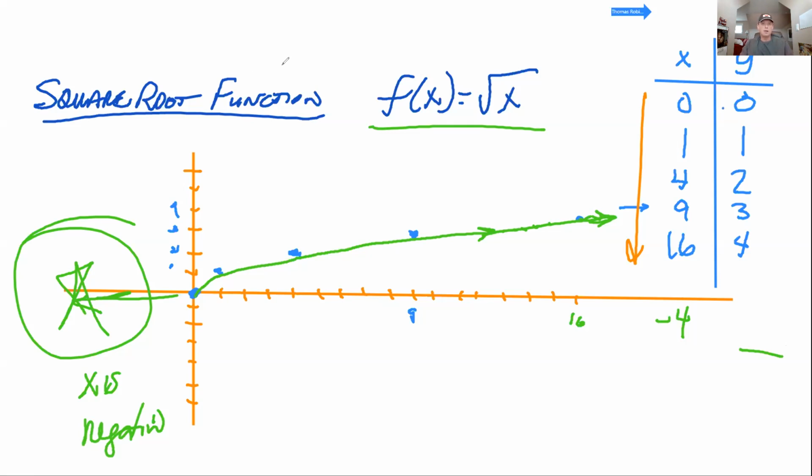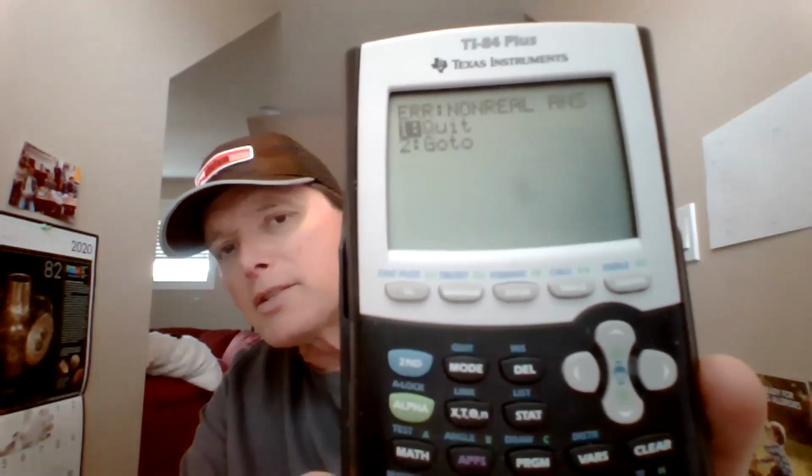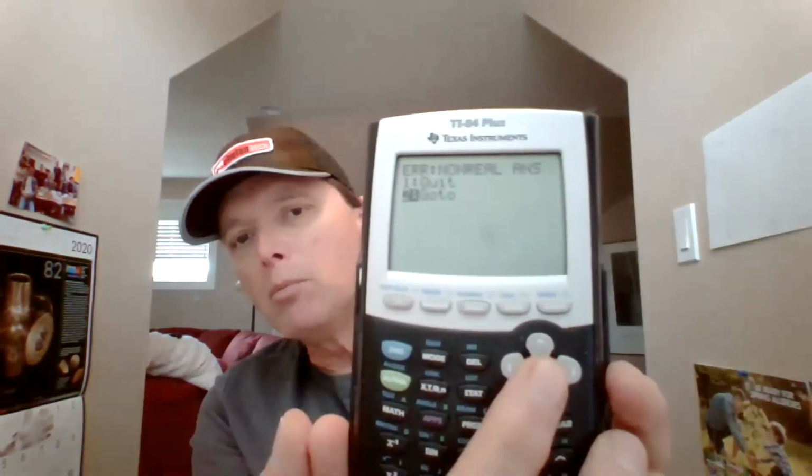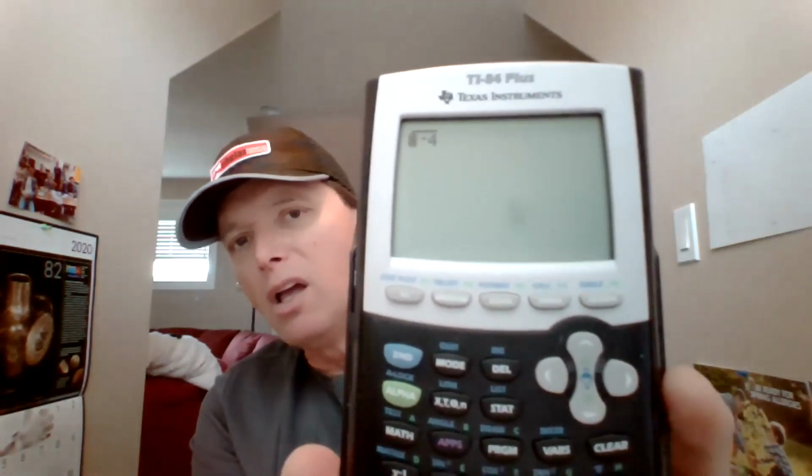So I'm going to take this off for just 1 second. And show you this. See what this says? Error, non-real answer. If I go to the problem, I try to take the square root of -4, it doesn't like it. Why is that?